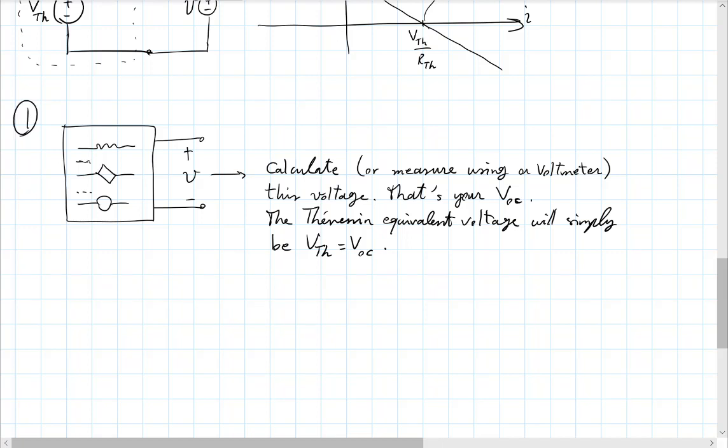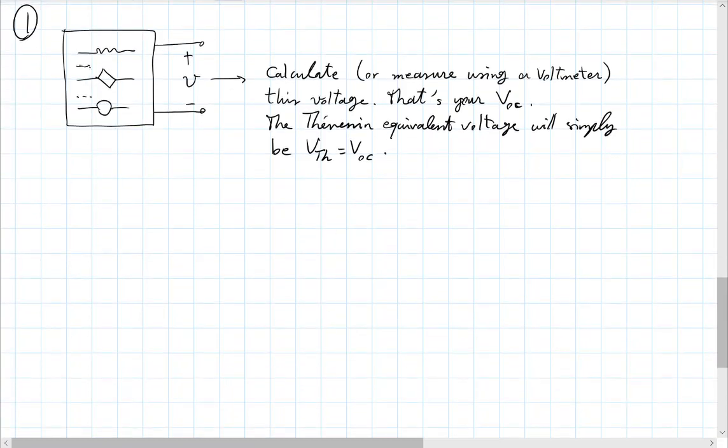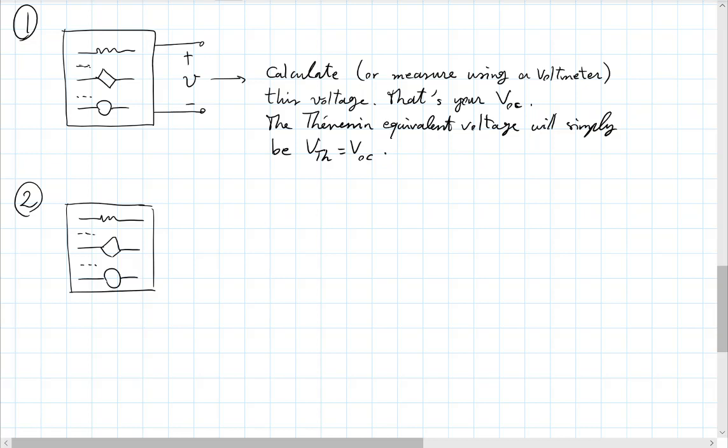The next thing you want to do is to calculate the short circuit current or measure. So step 2 would be, again, you have the same circuit with a bunch of things inside. But in this case, I'm interested in the short circuit current. Now, how do I measure the short circuit current?